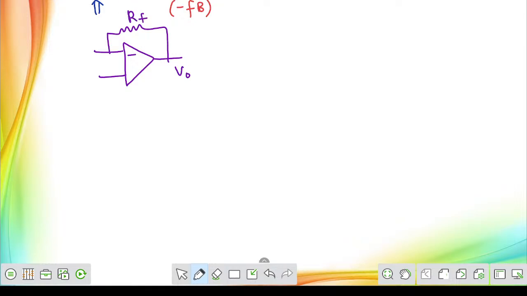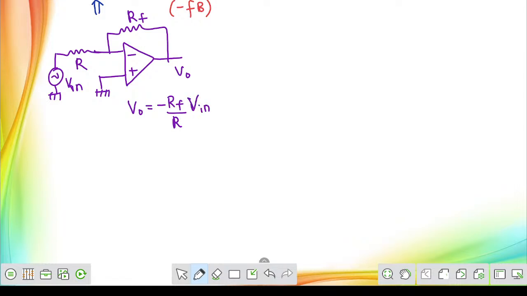The feedback resistance will be given here, and the supply voltage will be given across the inverting terminal. So what will be your output, sir? We know the gain of the operational amplifier in this case. This is called the inverting operational amplifier, and the output voltage becomes minus RF by R into the input voltage. Yes or no, sir?